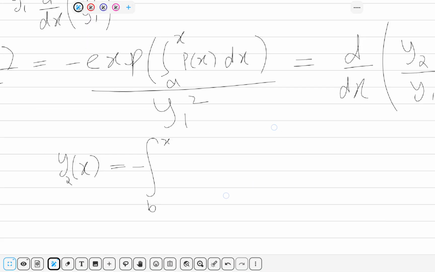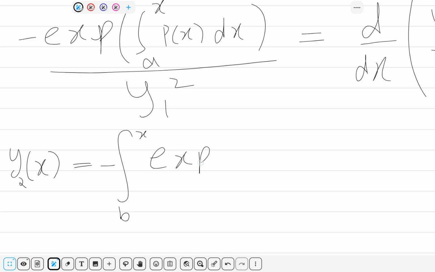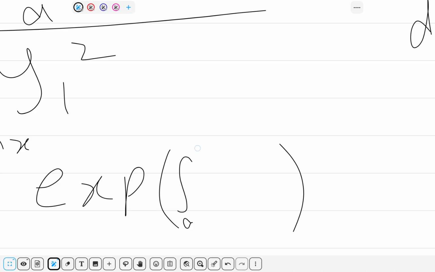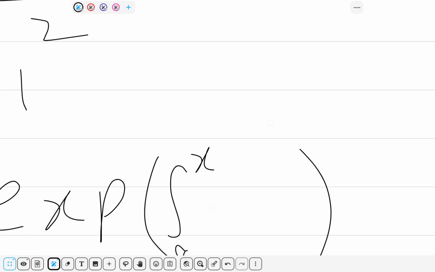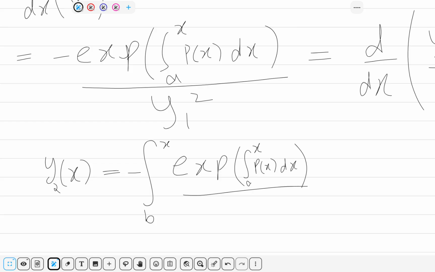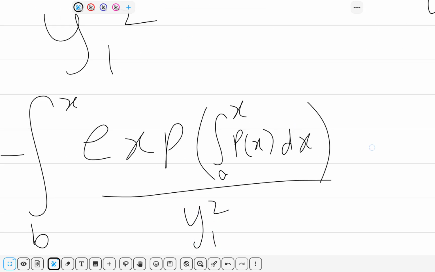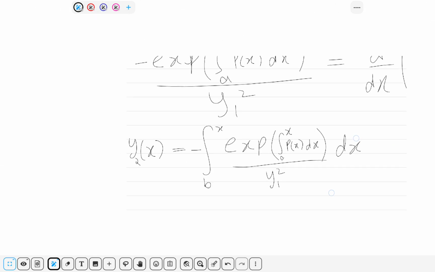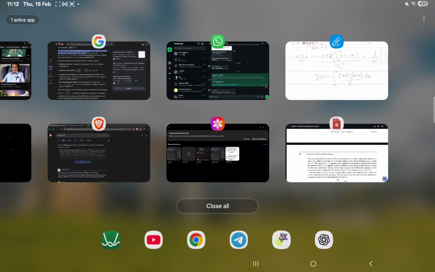So, exponential of some initial constant times p of x dx by y1 squared dx. I hope I did it right.